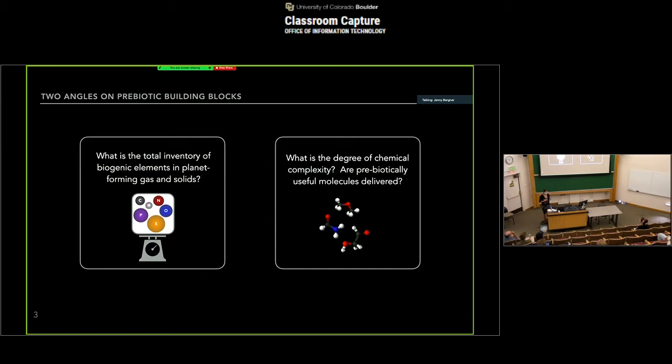Are volatile elements processed into larger, maybe even organic molecules? And can you deliver this prebiotic feedstock intact to young planets, potentially allowing you to jumpstart the chemistry more efficiently than if you just care about the elemental ingredients? We don't yet know how life exactly originated on Earth, and so both of these angles are still really valuable, and we'll be drawing from both of them in this talk.